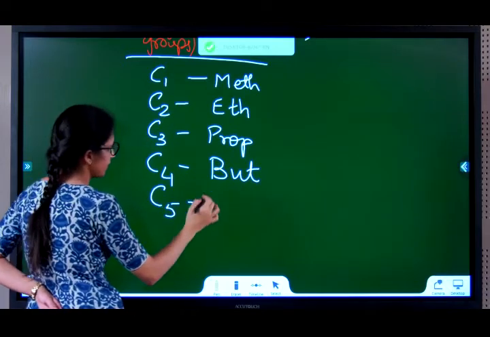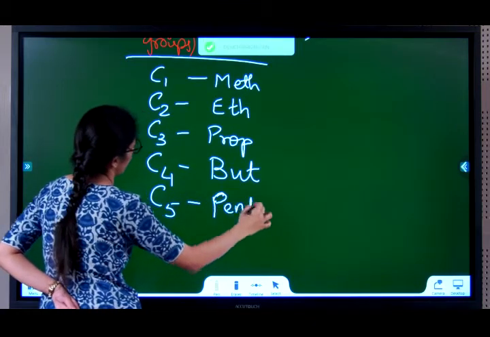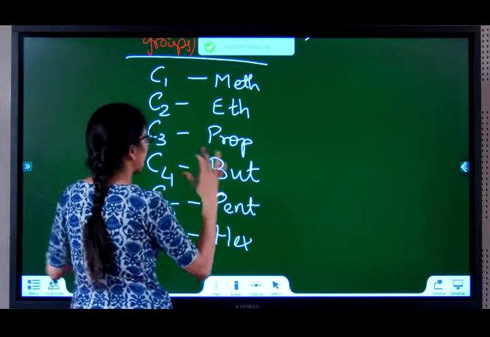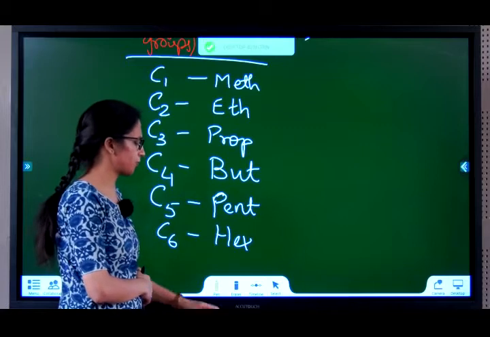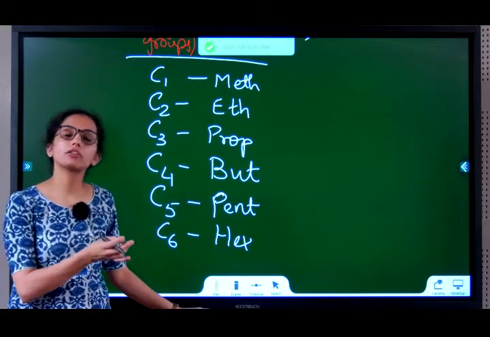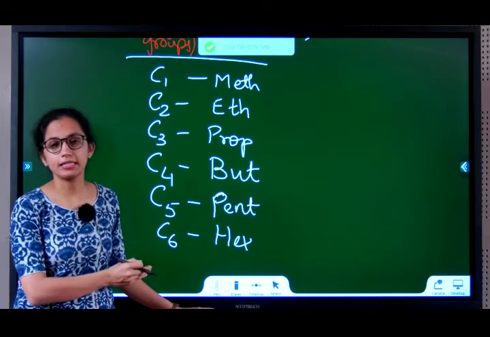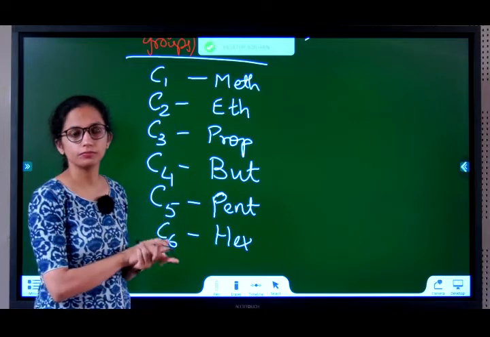Five carbons, pent. Six carbons, hex. Until here, you definitely need to know. We'll be dealing with most of the compounds within hex. After that, you have hept, that is 7, oct, that is 8, non, which is 9, and dec, which is 10. Okay, till hex is what I am going to be teaching you.